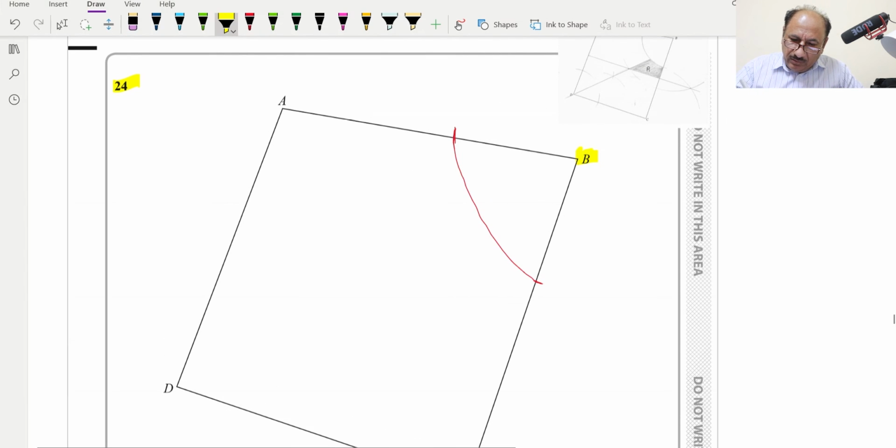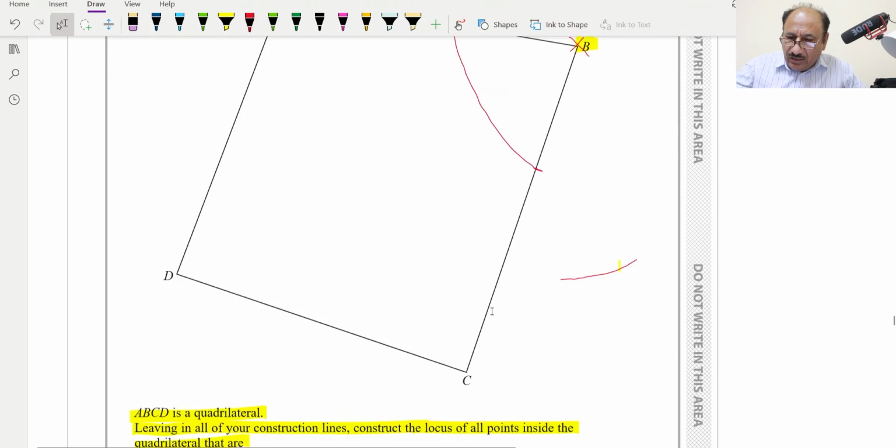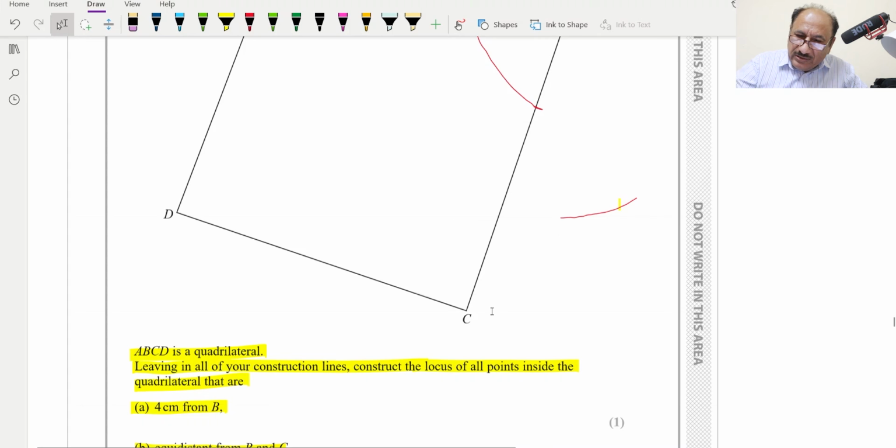We can make arcs, keeping the compass at B and drawing an arc like this one, and the second arc keeping the compass at C and making an arc like this one.